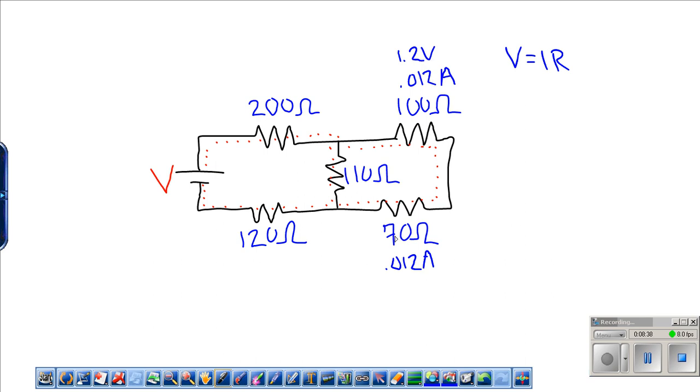Down here, where we have 70 ohms, and we multiply by 0.012 amps, that's going to give us a 0.84 volt drop. So now we've been able to find the resistance, current, and voltage for each one of these parts. In the last video, we'll look at power.